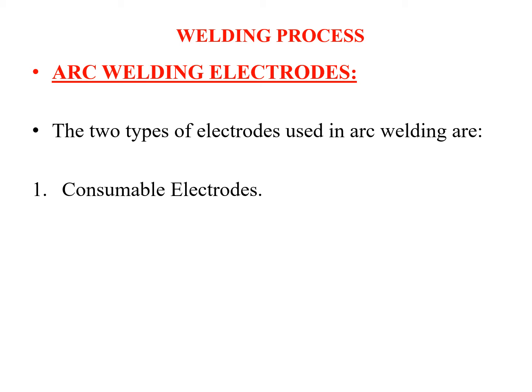These consumable electrodes also facilitate the formation of slag over the joint, which protects it from rapid cooling. We do not allow the weld to cool rapidly, because with rapid cooling the material becomes very hard and brittle, and the strength of the weld metal will be reduced, which is not required.